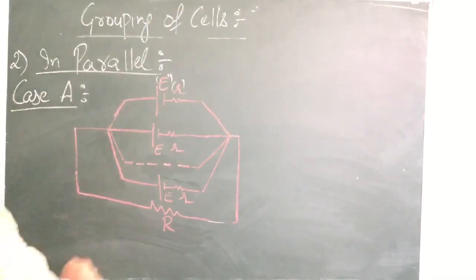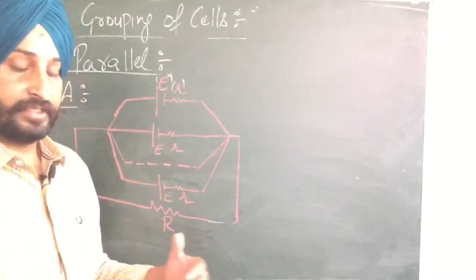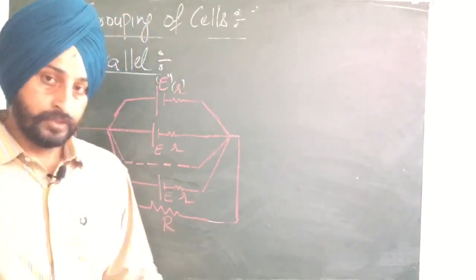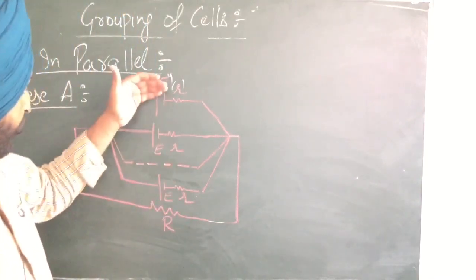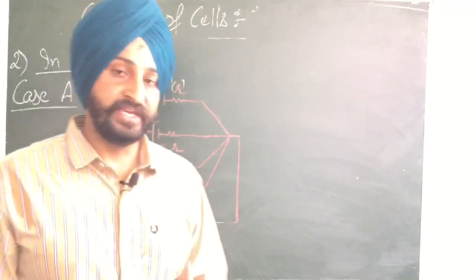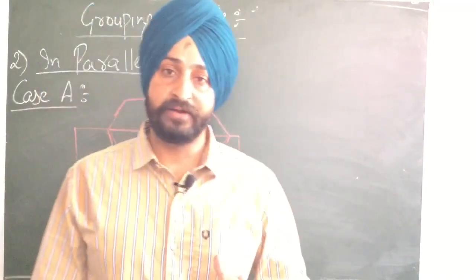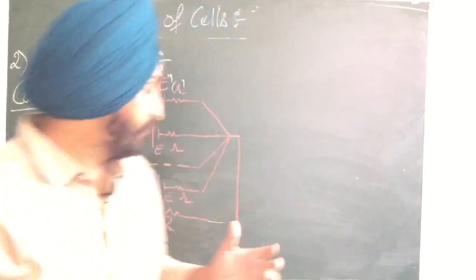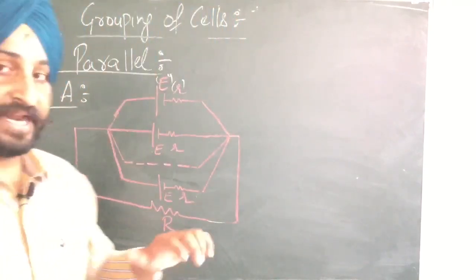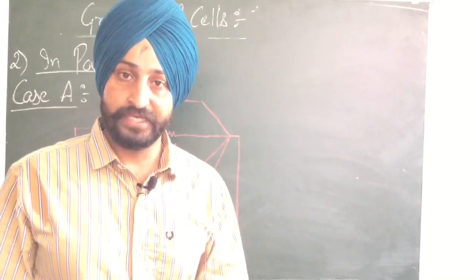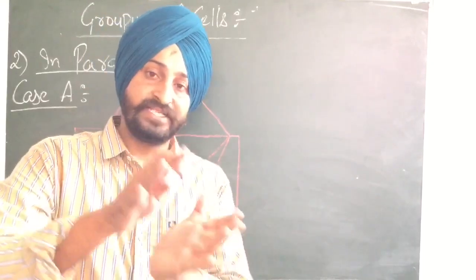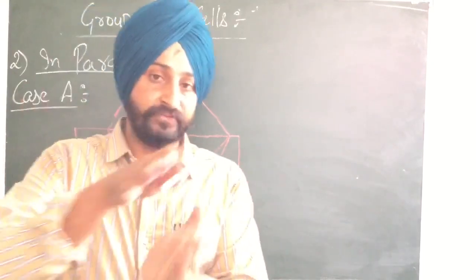Here we will have to calculate the current that will be passing through the circuit. Now as n cells each of EMF E are connected in parallel, we know EMF in parallel remains the same. Fine. So what will be the net EMF of this circuit? The net EMF will of course be equal to E, because all these n cells are connected in parallel with each other.